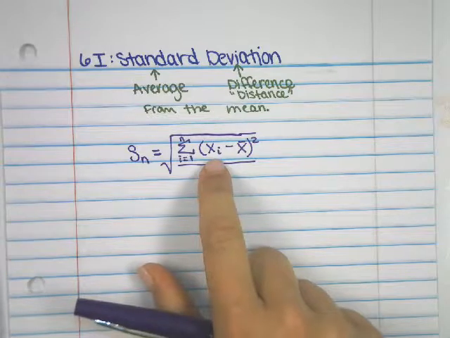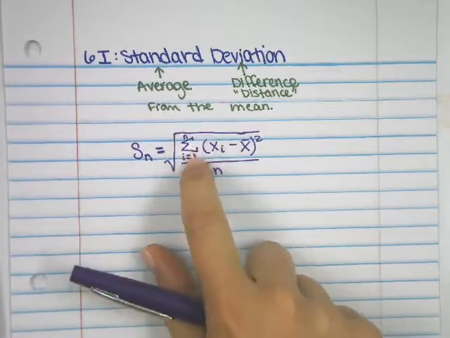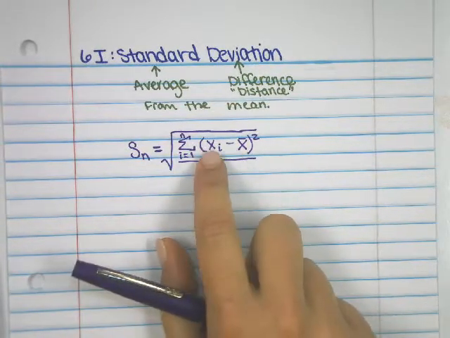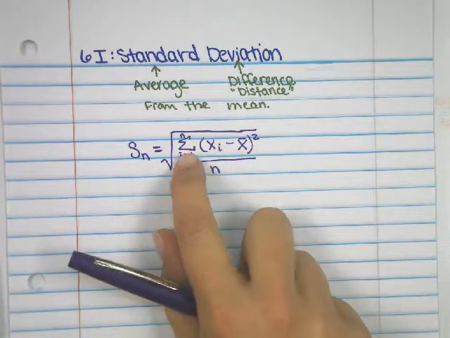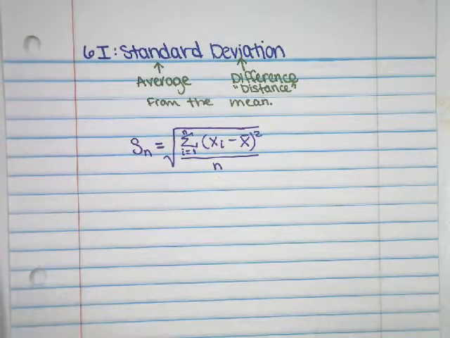So this is your term, take away the mean and square it, and this is the sum of all of them. So you have a whole bunch of data values. You find the difference between them and the mean and square each term, add them all together. This means sum, or add them all together, divided by the number of terms, and then you take the square root of that final answer, and this value is the standard deviation.